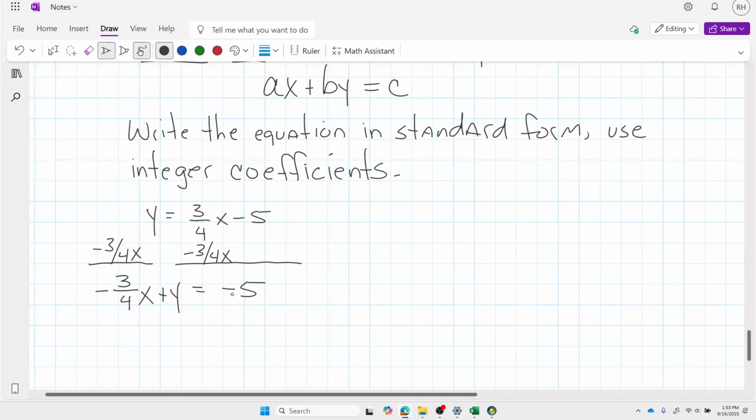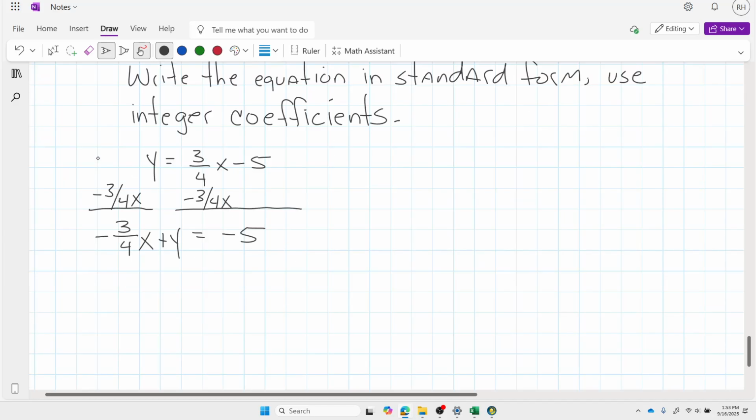Now, we're closer to it looking like standard form, but we've got a fraction in front of the x. So when you get a fraction in front of the x or the y, multiply both sides of the equation by whatever's in the denominator. And that'll turn that fraction into a whole number.